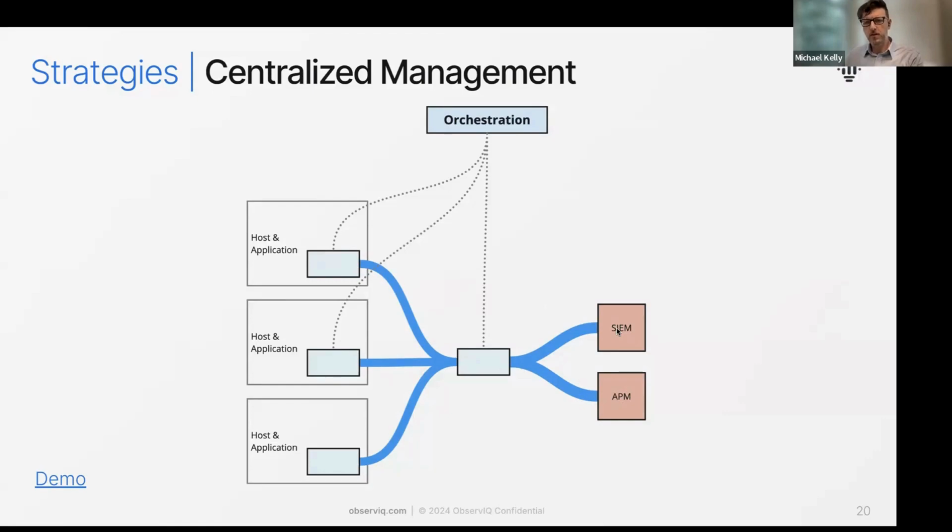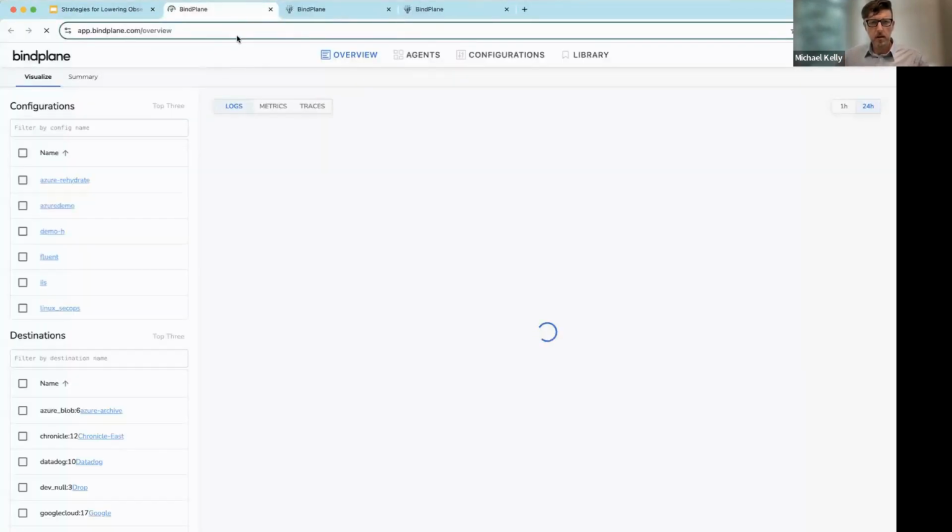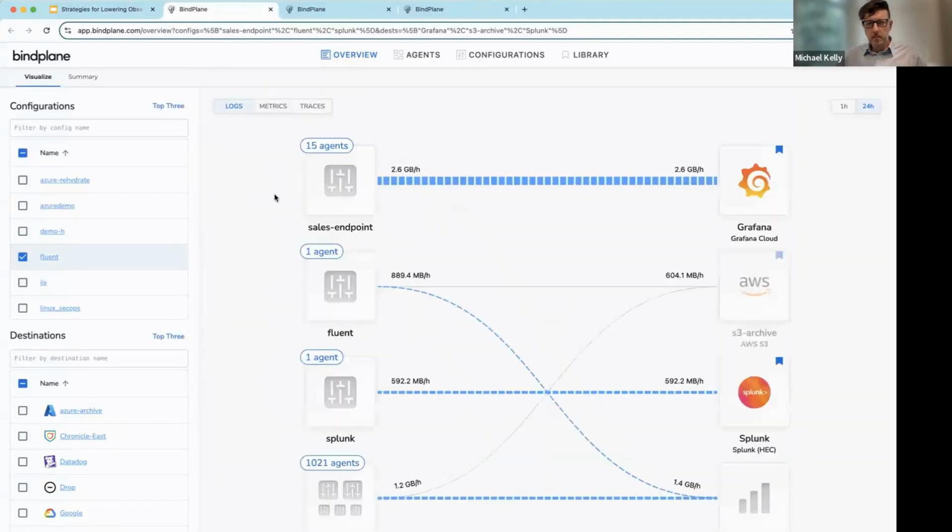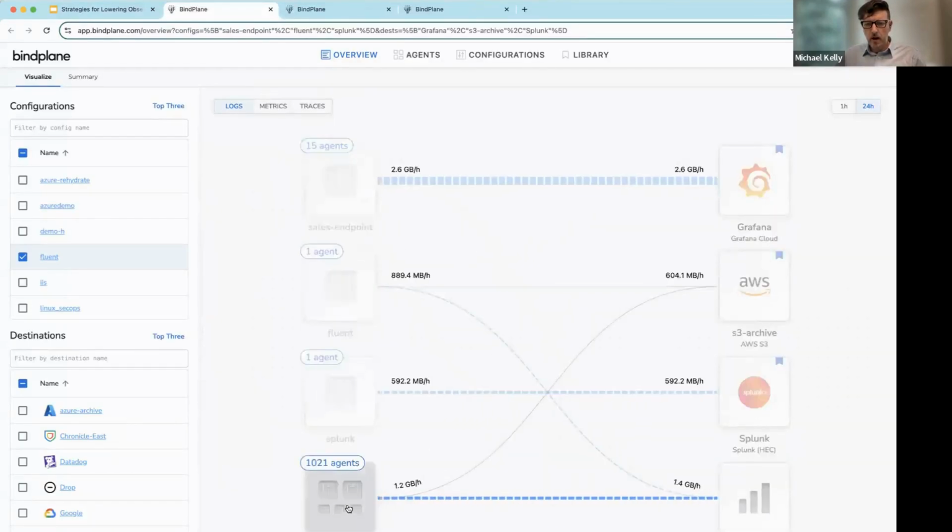Whereas before, if you noticed that costs were getting out of control, it might be challenging to identify and determine what was going on. But just to give you a real world example, I'm going to jump over to BindPlane. This is a high level overview of an environment with 1,000 agents.